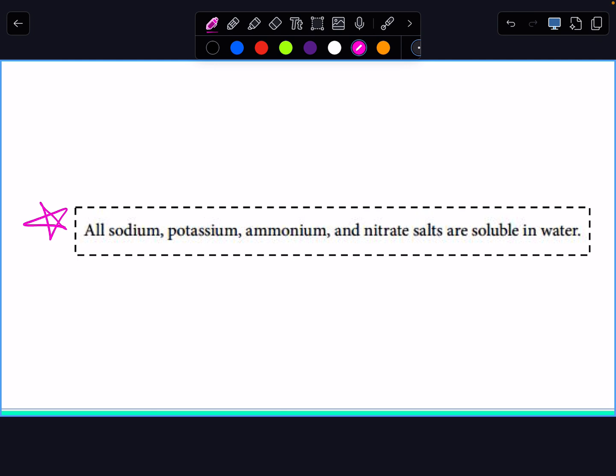When you look at a compound, if it has one of these 4 things, I'm going to write their symbols if that helps instead of their names. If it has Na in it, if it has potassium, which is K, if it has ammonium, which is one of our polyatomics, NH4+, and then nitrate, NO3-, it's always aqueous, meaning it's breaking apart.